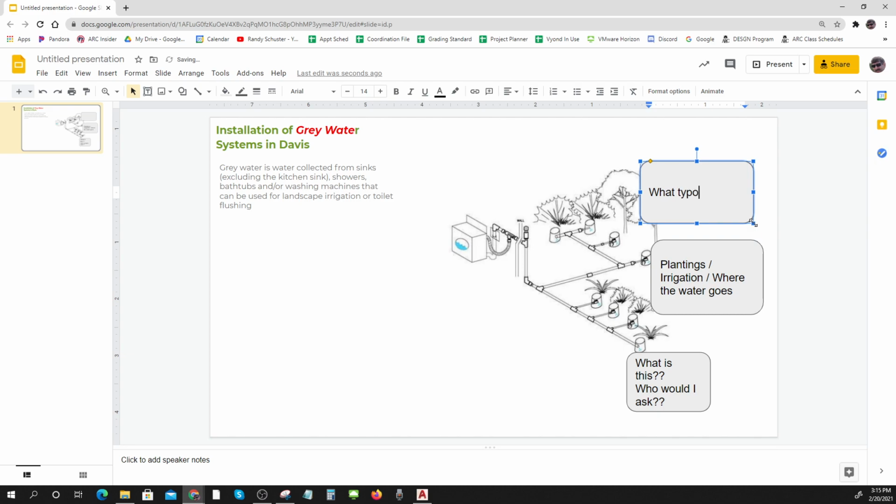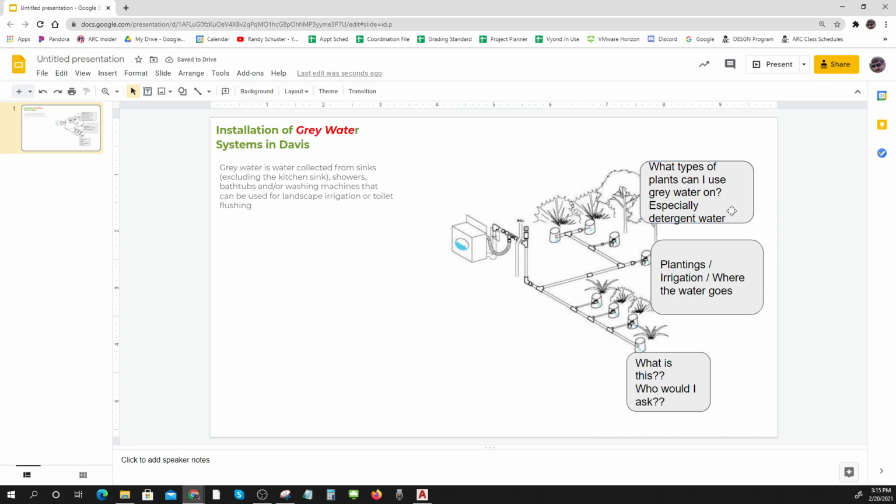What types of plants can I use gray water on, especially detergent water? That might be bad for some types of plants. There's some sort of detergent that gets used.